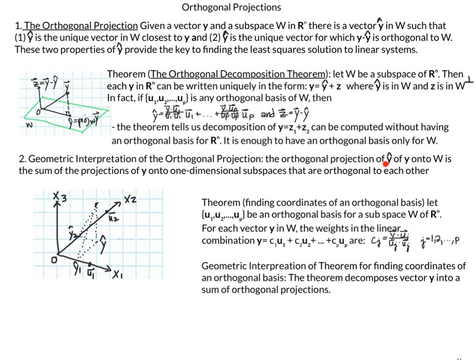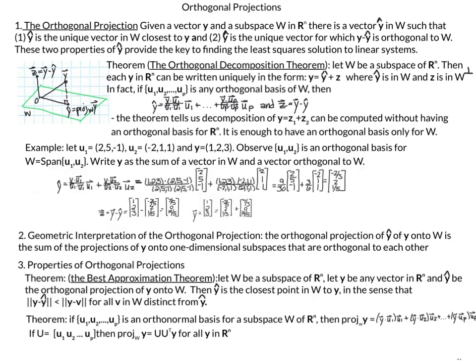Here y hat is the sum of orthogonal projections of y onto all these different basis vectors, so y hat is some scalar multiple of u1 up to a bunch of scalar multiples of our basis vectors. Even the formulas are totally analogous.